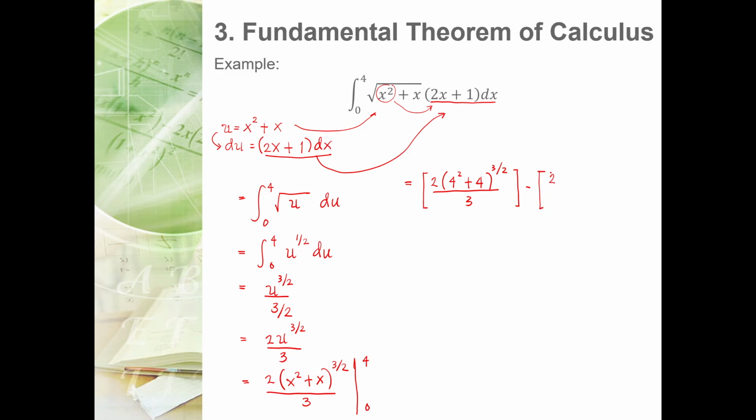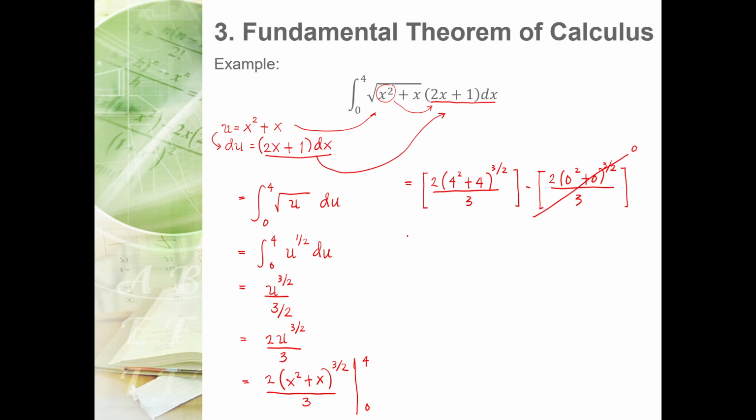So always verify if you can still get another value even though the limit is 0, diba? So basta hindi dili siya 0. So you have 0 squared plus 0, then to the power of 3/2 all over 3. So obviously 0 times 2 will be 0. So everything on the other term will be 0.